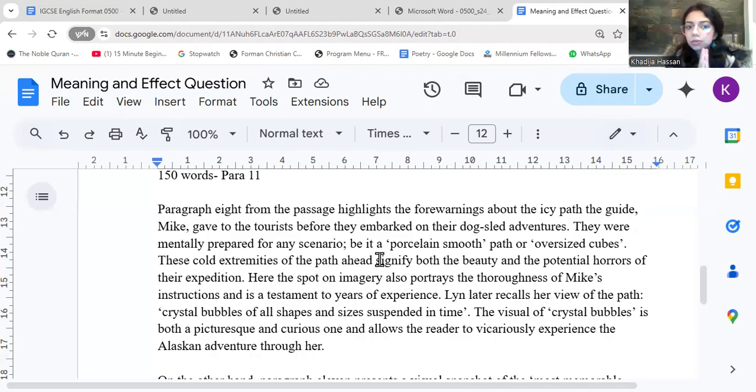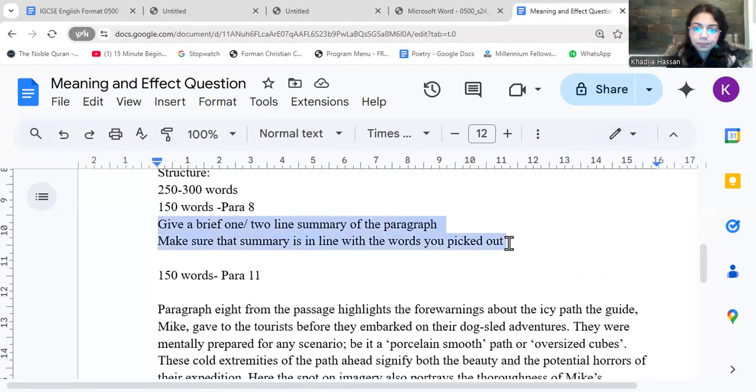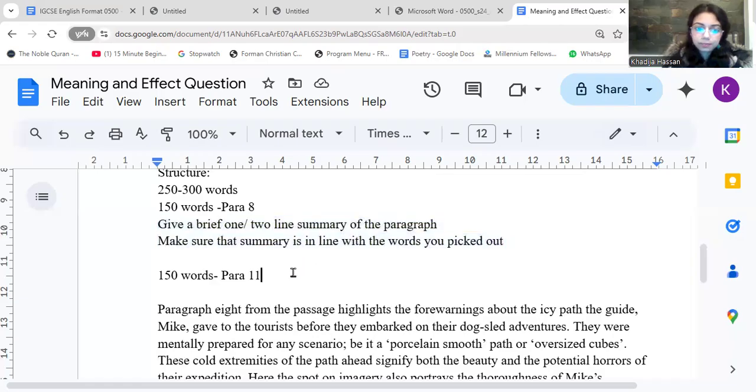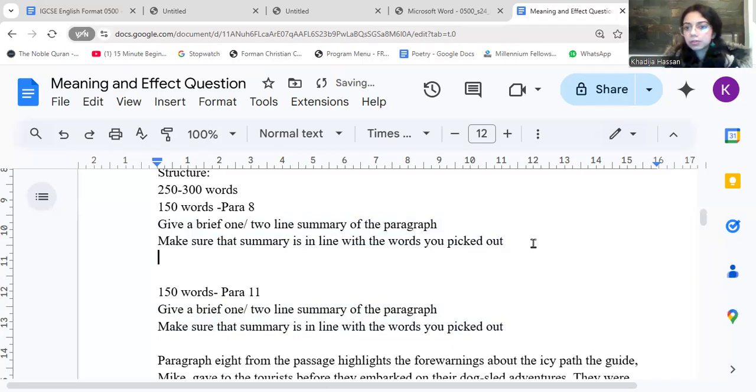So make sure that your 1 line summary for each paragraph is in line with the phrases that you have picked out for that paragraph. And the same thing you're going to do for paragraph 11 as well. So copy this here too, right? Once you're done with that, then you start with the phrases.